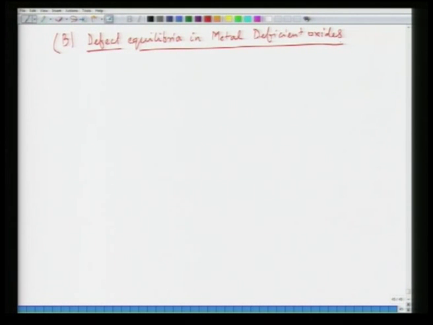Okay. So, again consider, for example, MO as model oxide.